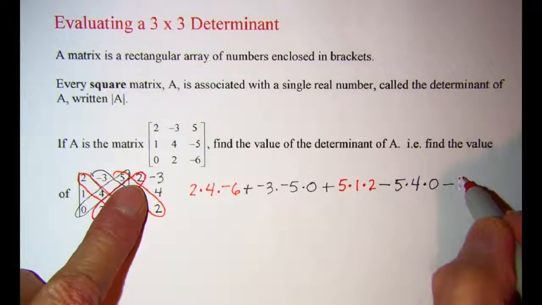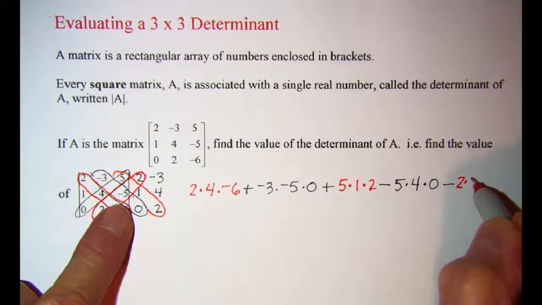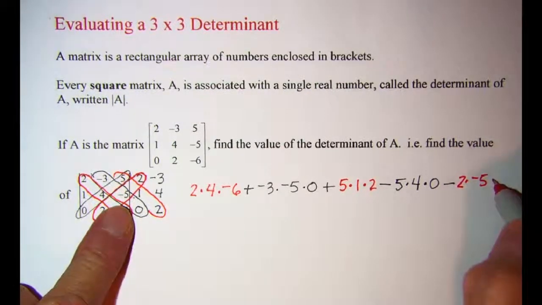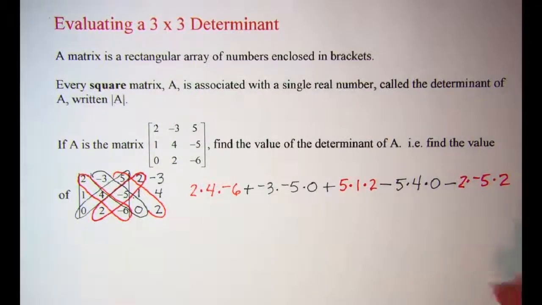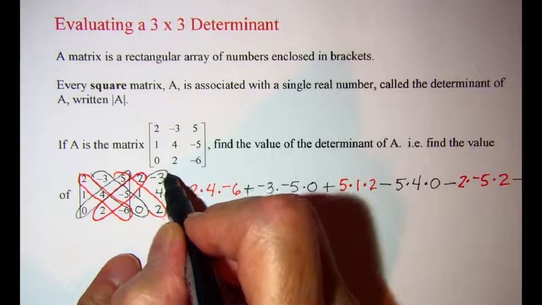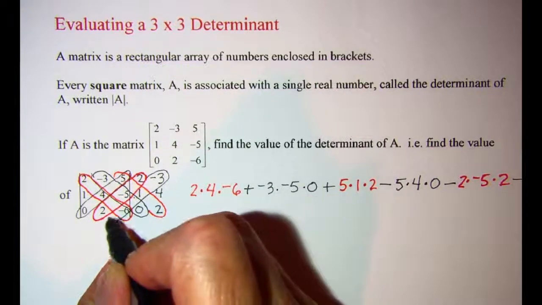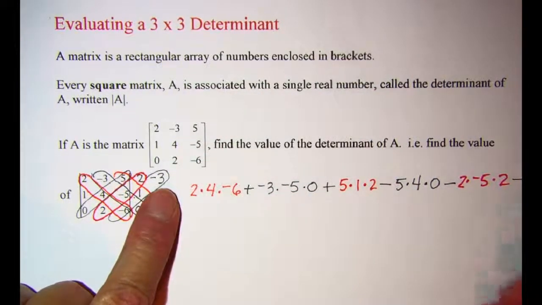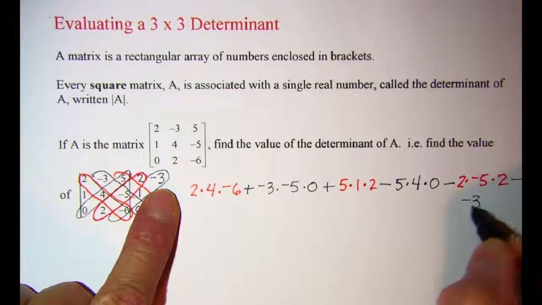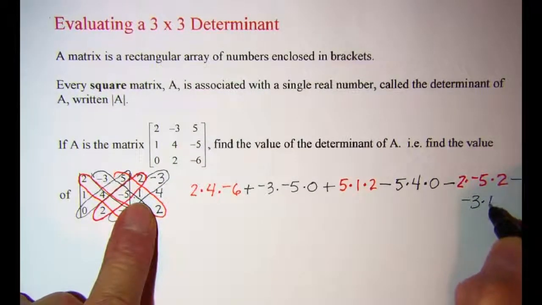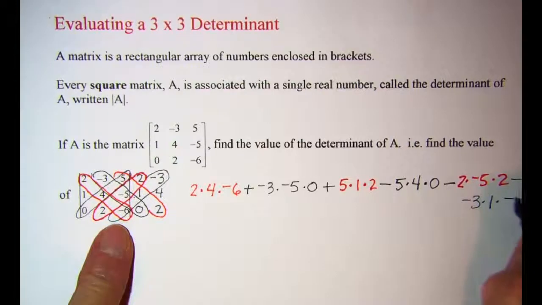So 2 times -5 times 2, and then subtract the product of the numbers in this diagonal. -3 times 1 times -6.